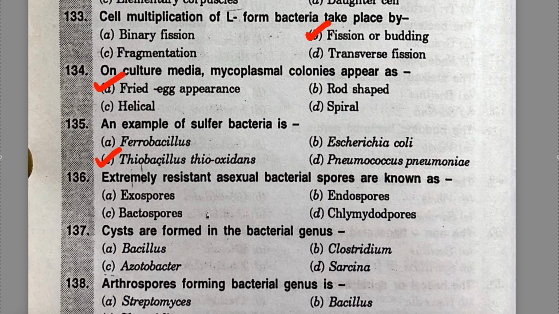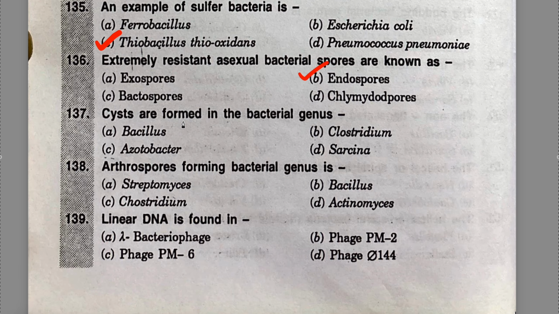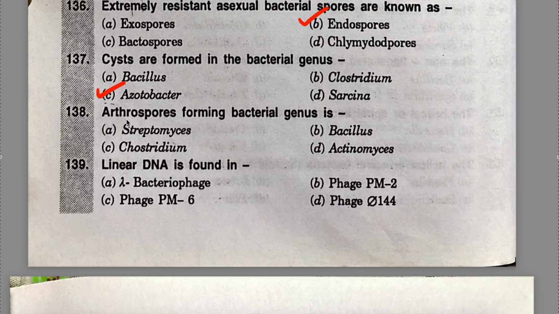Answer option B. 137. Cysts are formed in the bacterial genus Bacillus, Clostridium, Azotobacter or Sarcina. Answer C. Azotobacter. 138. Arthrospores forming bacterial genus is Streptomyces, Bacillus, Clostridium or Actinomyces. Answer option D.